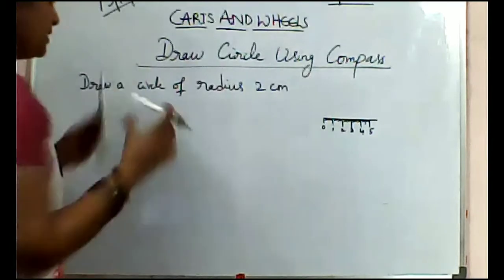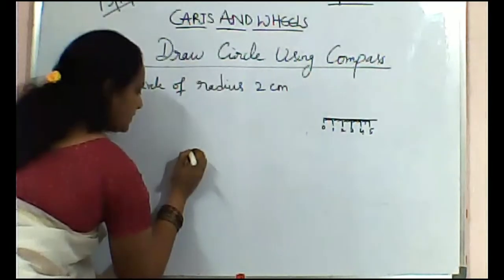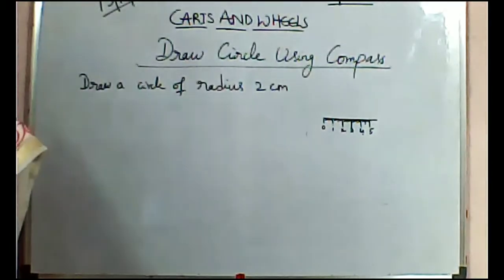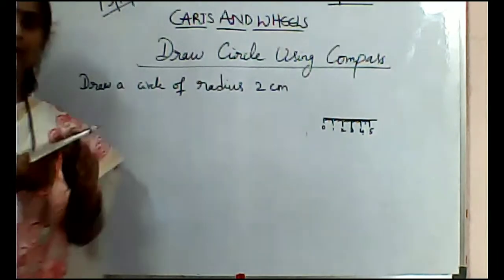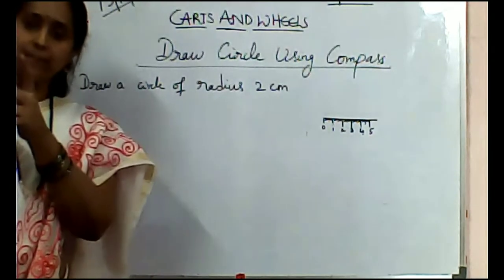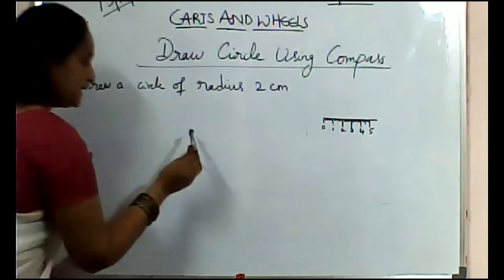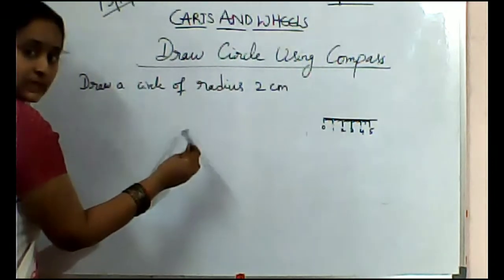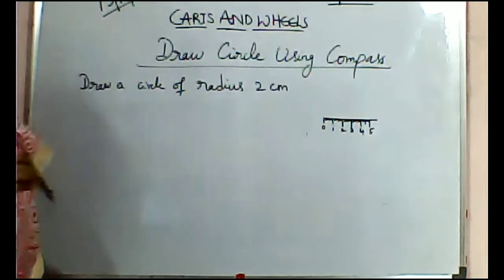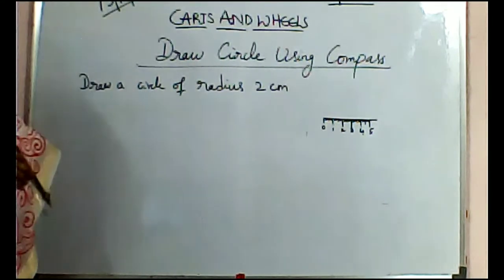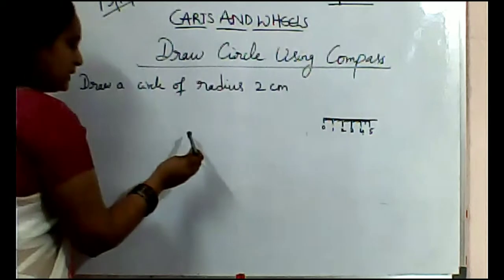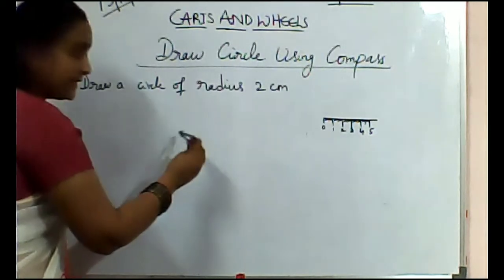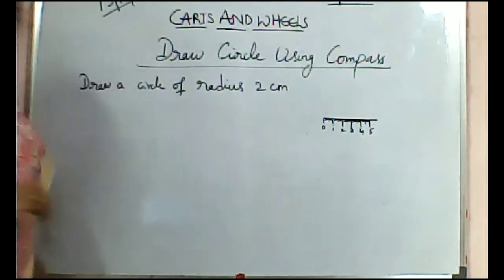Sucheta, now fix a point here. This is the center. Keep the point of compass at that center and draw the circle.